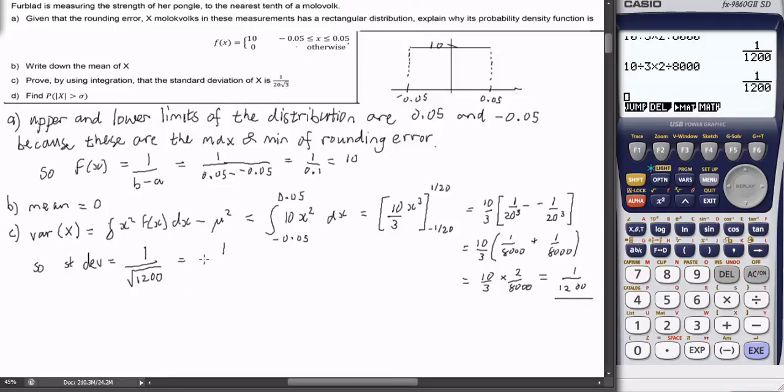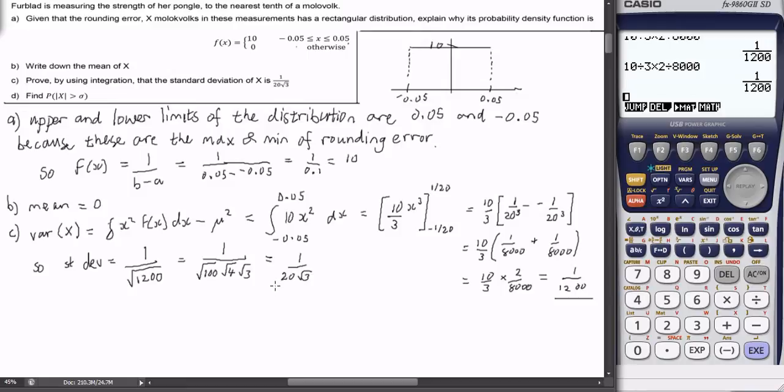So converting that to an exact surd, 1,200 is 100 times 12, so we've got the square root of 100 times the square root of 12, and the square root of 12 is the square root of 4 times the square root of 3. So putting all that together we get 1 over 10 times 2, which is 20, square root of 3.